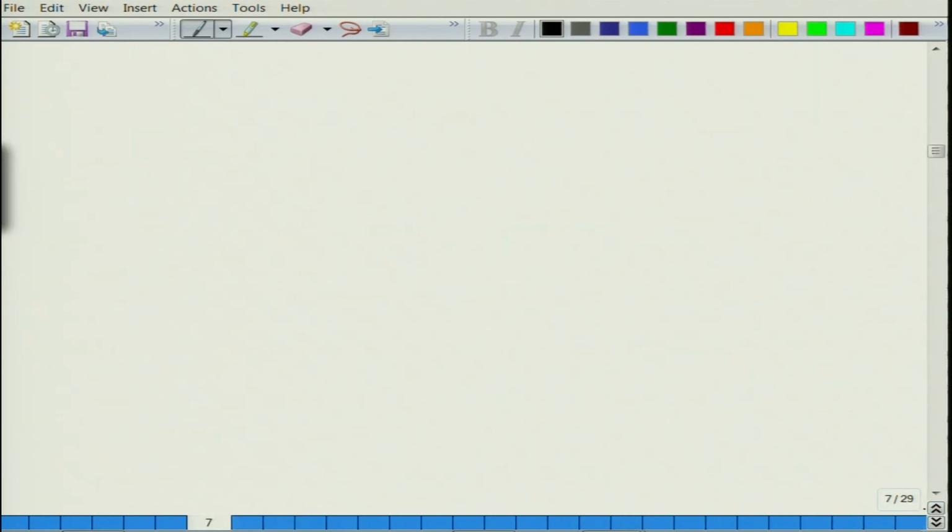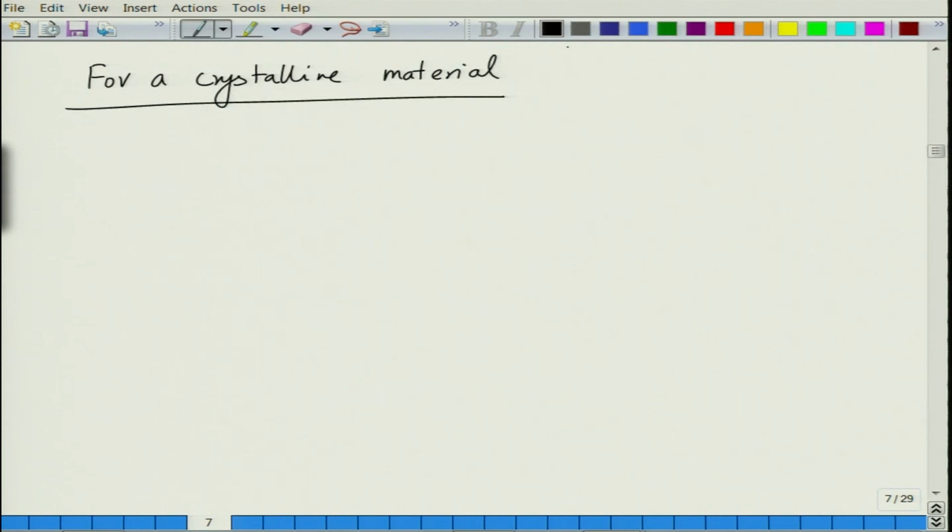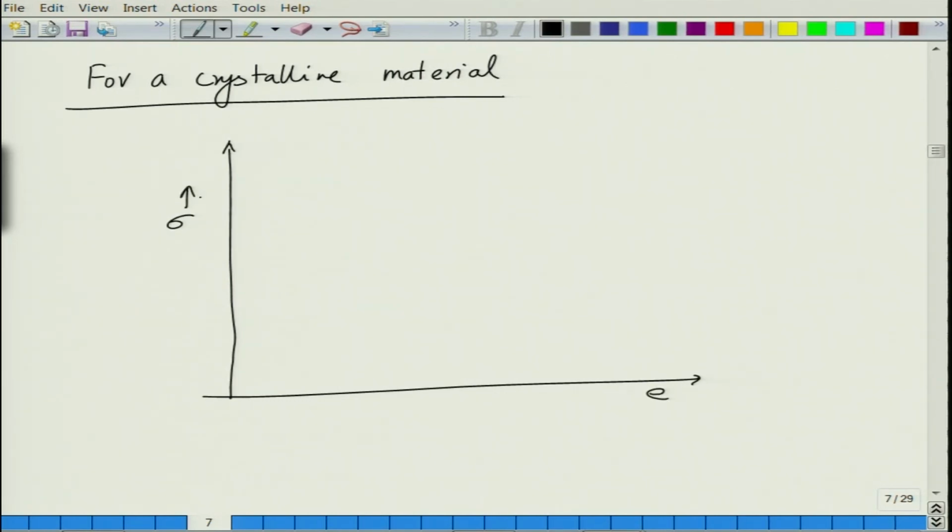So, when we are talking about a crystalline material, again when we go to a plot like this, the first step is adiabatic tension.